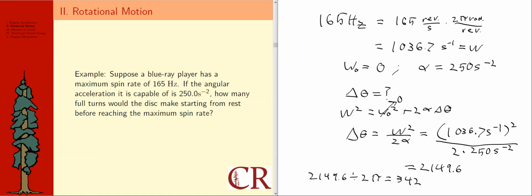So when it asks how many full turns the disc will make starting from rest before reaching the maximum spin rate, it's going to complete 342, and then somewhere between that and 343 it reaches the maximum spin rate, actually closer to 342. It's pretty close. So that's my answer, 342.